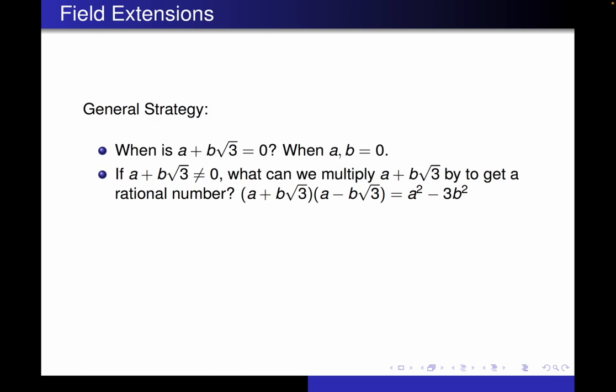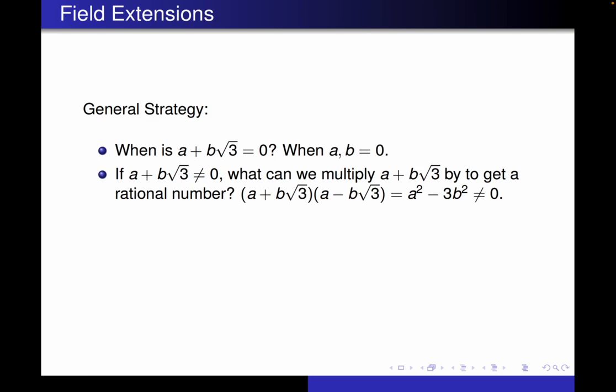Well, as you saw in the in-class activities, if you multiply it by what we used to call in our old algebra days the conjugate, (a + b√3) times (a − b√3) gives you a² − 3b². And you can see that that is a rational number. And not only that, but you prove that it's not equal to 0. Again, you have to do some work to prove that. Assume it is equal to 0, get a contradiction.